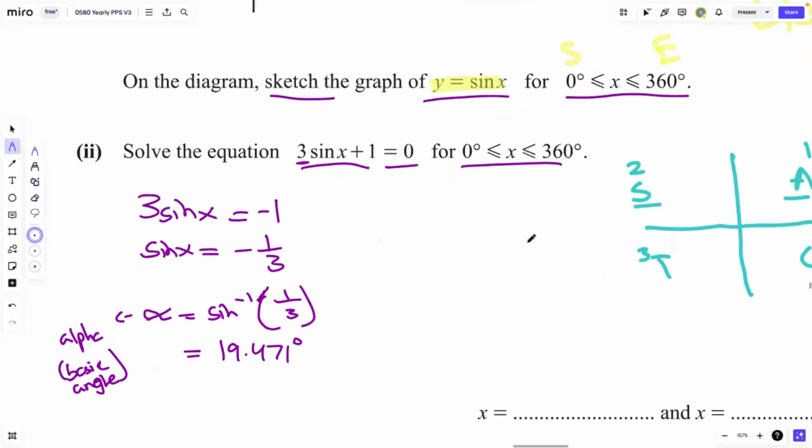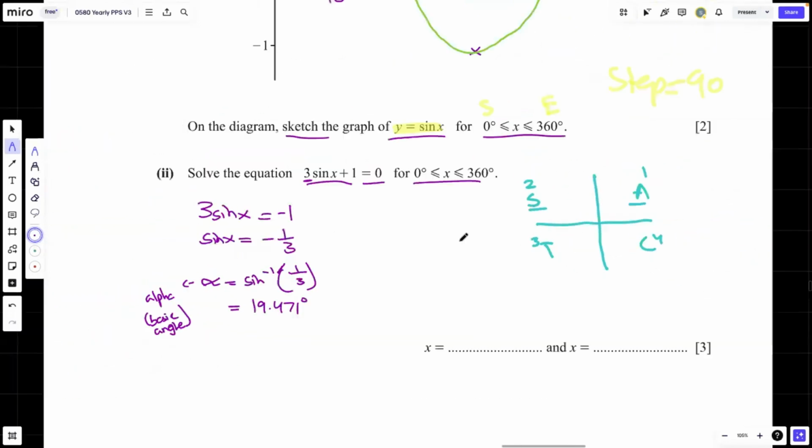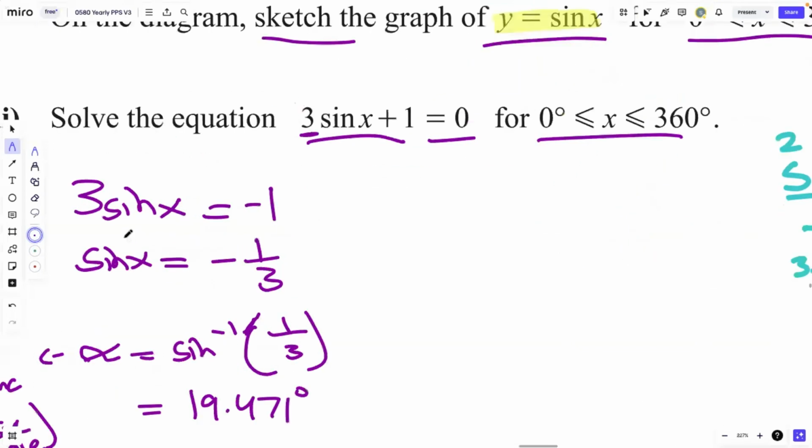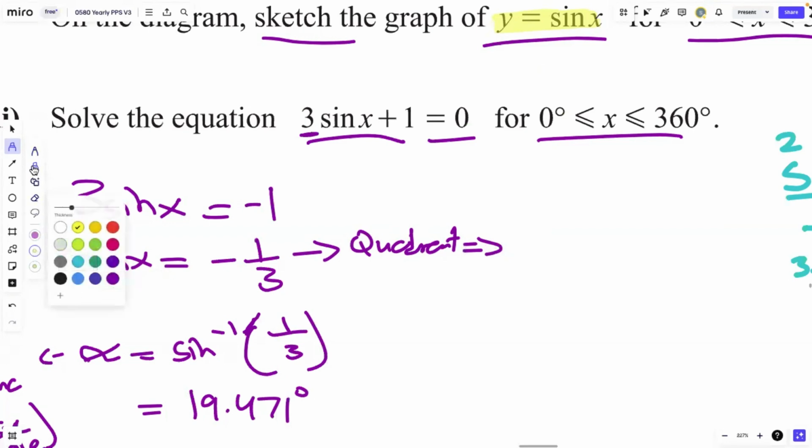Now, since you do know that, how do you decide the quadrant in this question? You decide the quadrant when you have isolated the trig ratio and you're about to take inverse. The quadrants in this question are based upon the fact that we have sine negative.